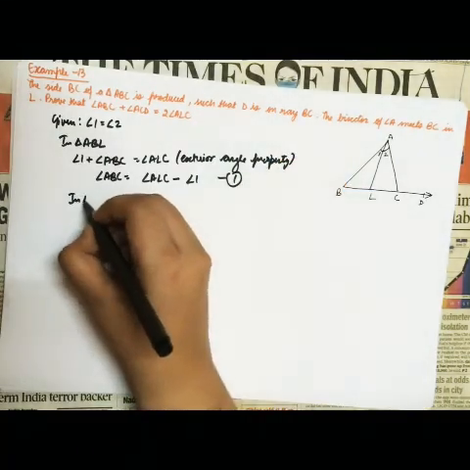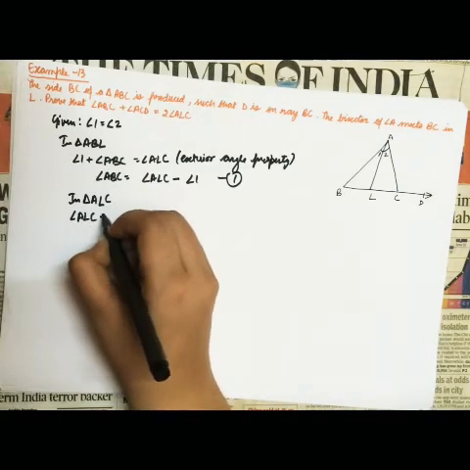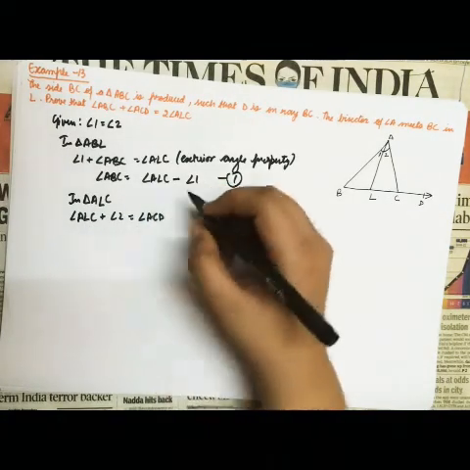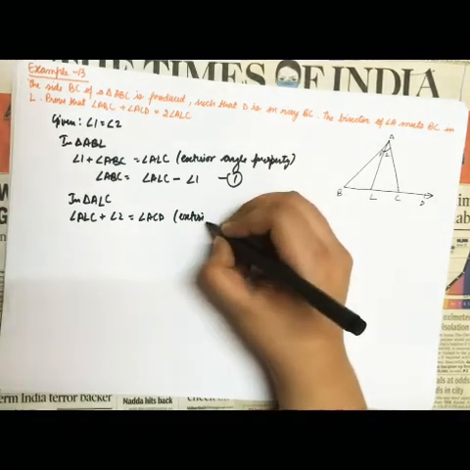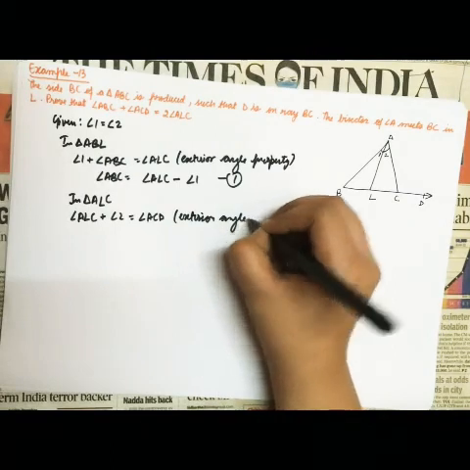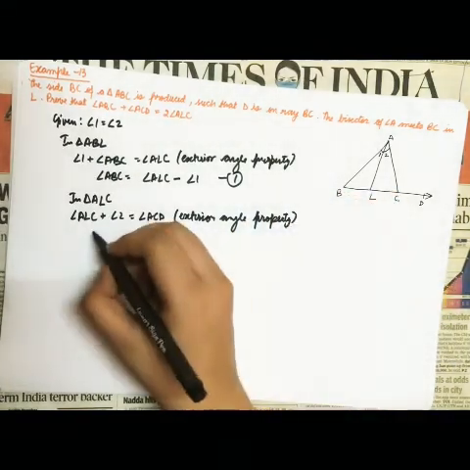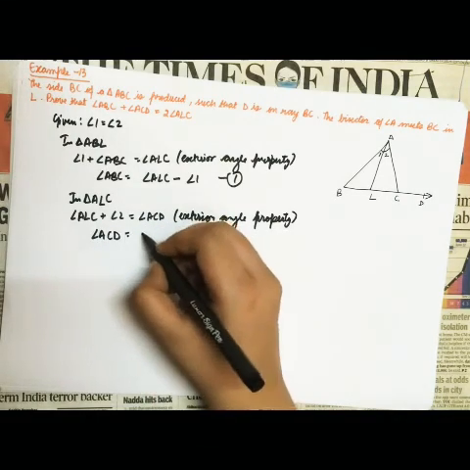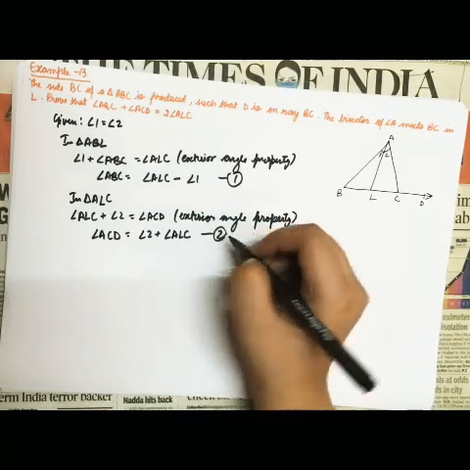Now in triangle ALC, you can say that angle ALC plus angle 2 is equal to angle ACD because of exterior angle property. Now angle ACD is equal to angle 2 plus angle ALC. We will mark this as 2.